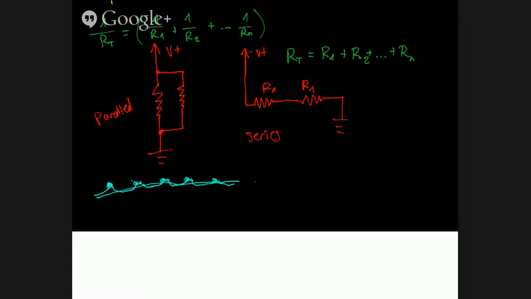Otherwise, they just blow out all the time. So each little bulb in a strand of lights is like a tiny resistor that's only rated for 1.5 volts, maybe 5 volts. Let's use 5 volts.